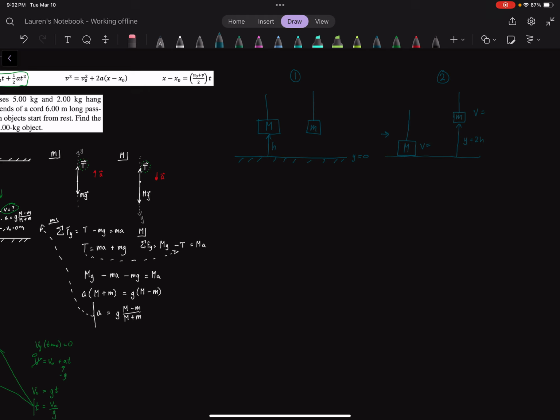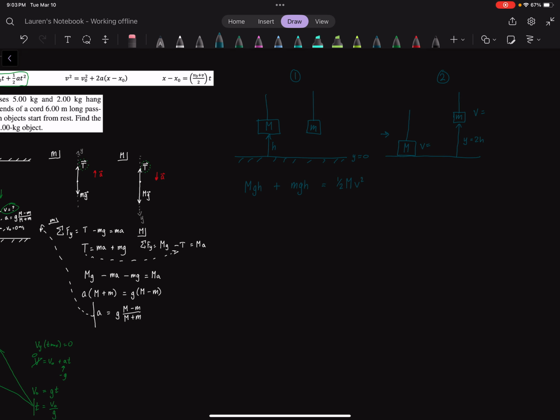So initially, we have no kinetic energy. We just have Mgh for gravitational potential energy plus little m g h. So two gravitational potential energies here, right? Then we have big M falling down to the ground, and it's going to have some kinetic energy. So 1/2 big M v squared.